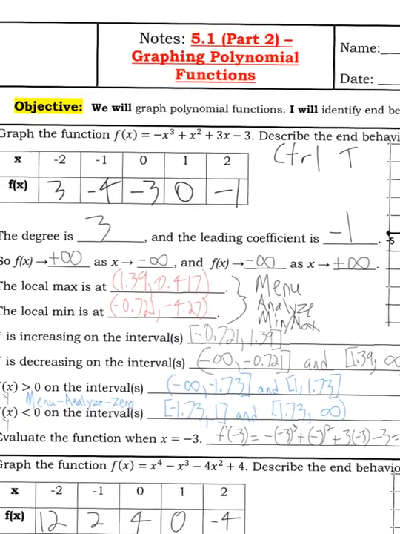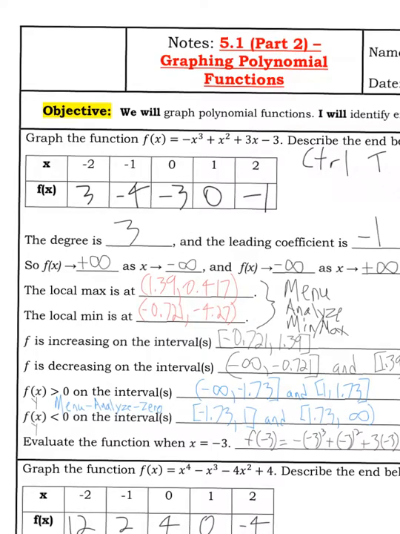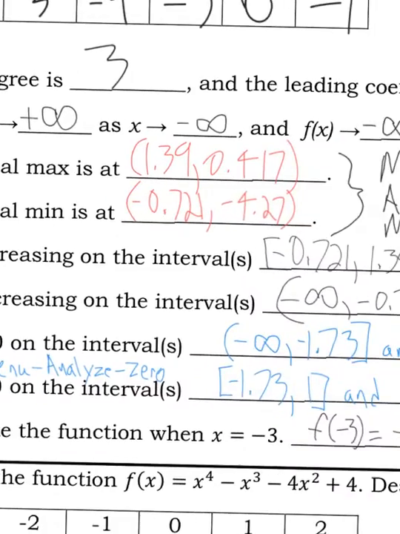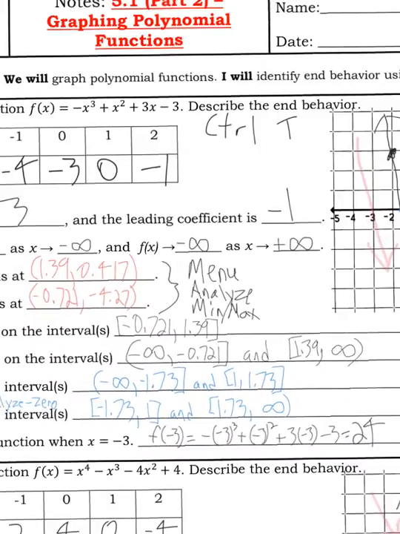So let's talk about where it's above 0 on the graph. So if it says f of x, maybe it helps to make a note that it's the same thing as y. Where's y above 0? It's just notation. So anyway, go to menu, analyze, and do the zeros to calculate the exact numbers as to where it is hitting the x-axis.